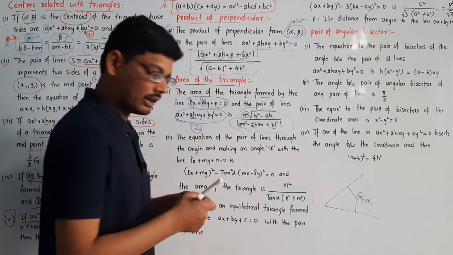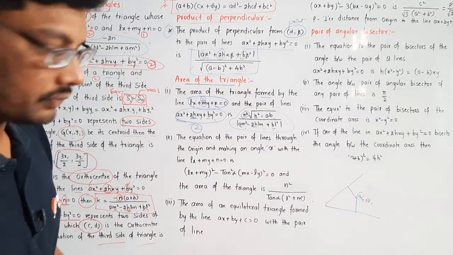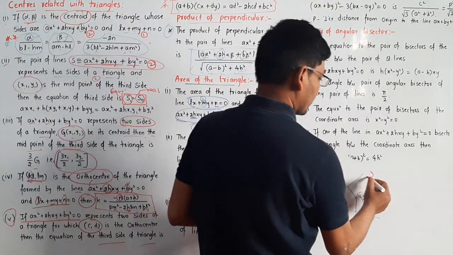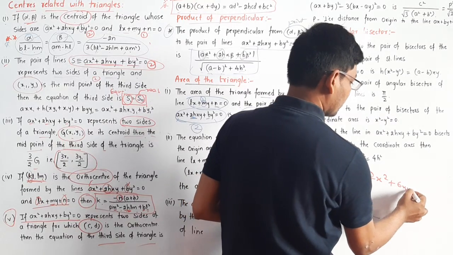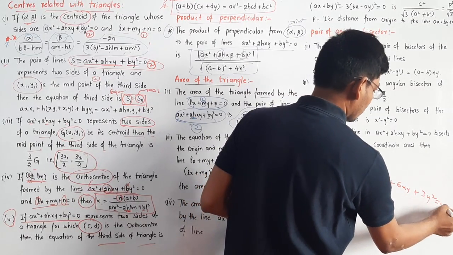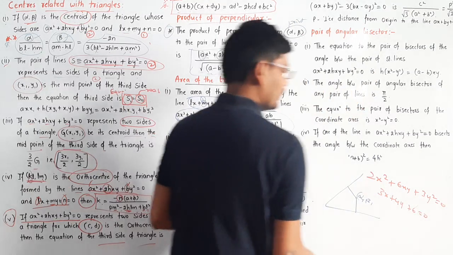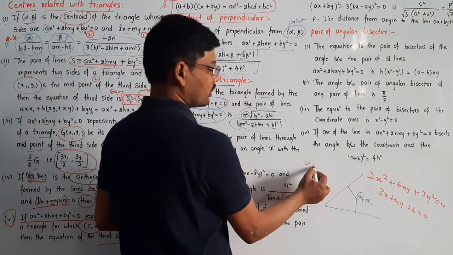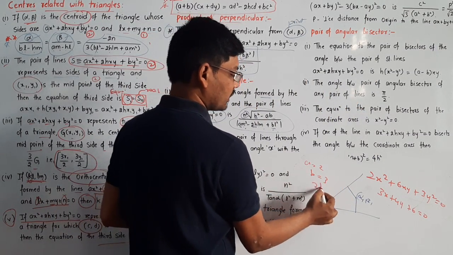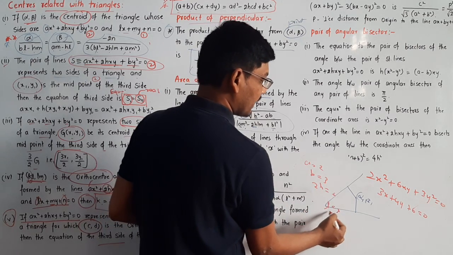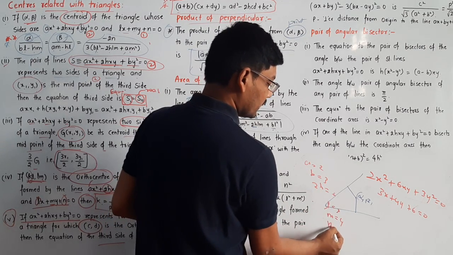For example, I am giving a question like 2x square plus 6xy plus 3y square is equal to 0, and next 3x plus 4y plus 6 is equal to 0. Here you can get all the values: a is equal to 2, b is equal to 3, 2h is equal to 6, and l is equal to 3, m is equal to 4, n is equal to 6.